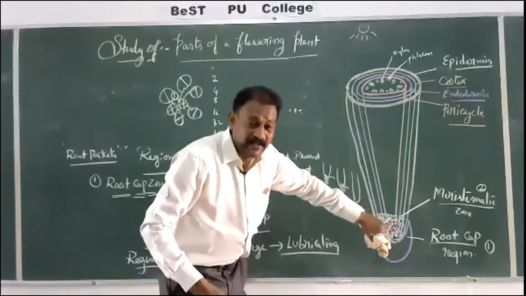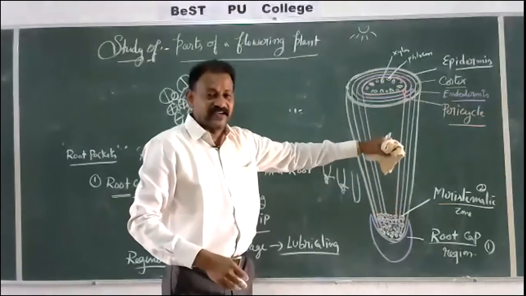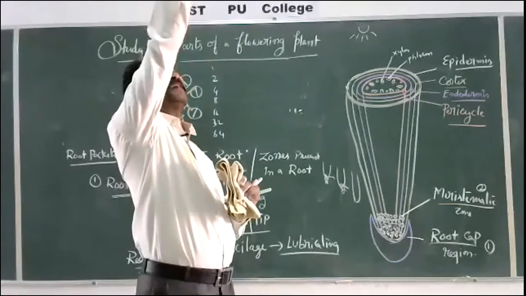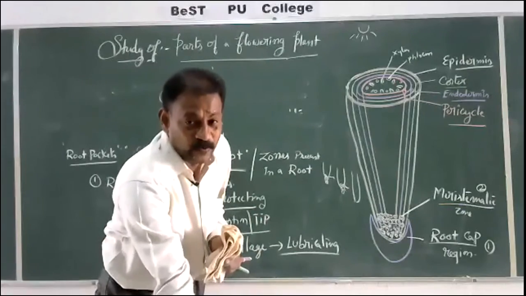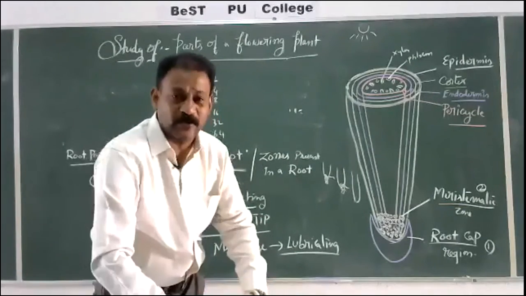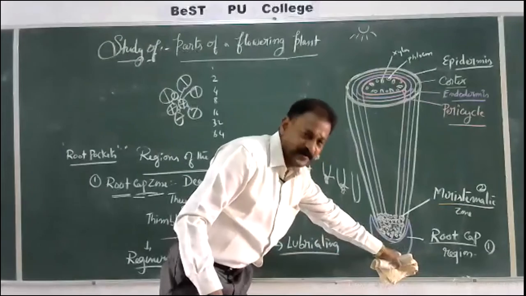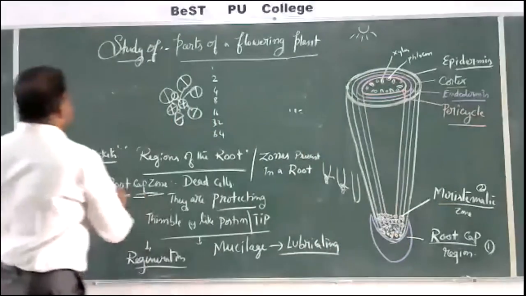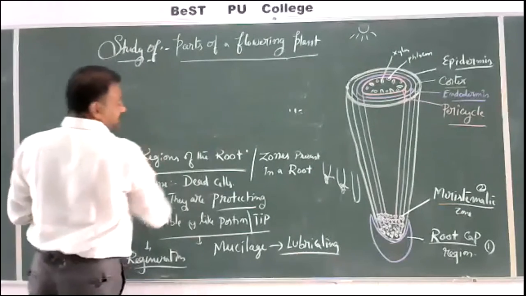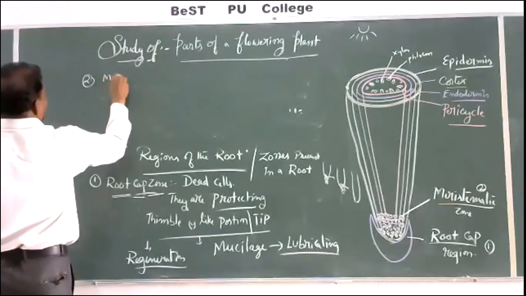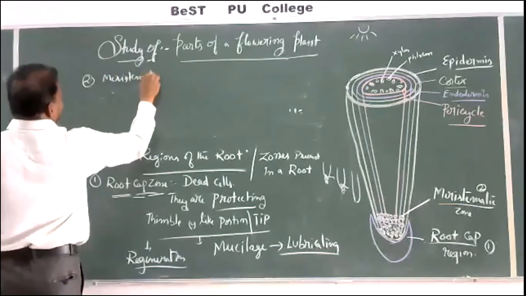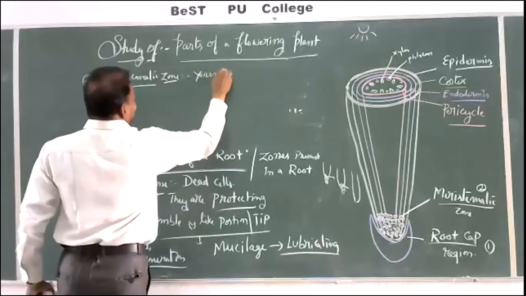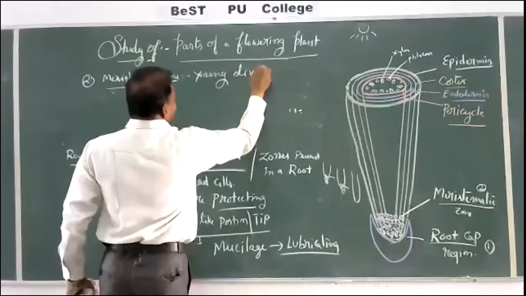Such ability of these cells is called meristematic activity. Meristems are always young dividing cells which are present at the tips of the stems and the tips of the roots. These meristematic cells are responsible for growth, and again they are protected by the root cap. So the zone of cell division is the meristematic zone. Young dividing cells, always.